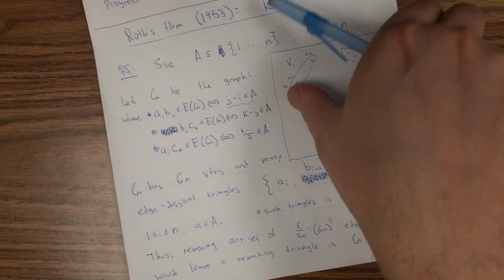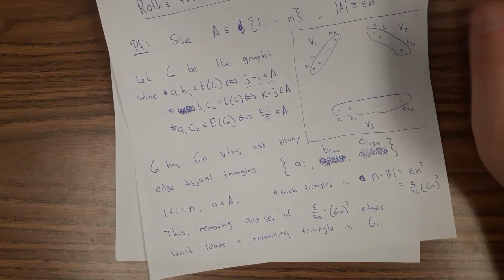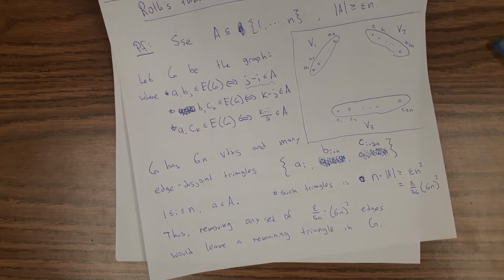So what I'm getting at here is this is a graph such that it's hard to kill all the triangles by removing edges. Meaning if I remove a set of edges that isn't large enough, I'm always going to have a triangle remaining.